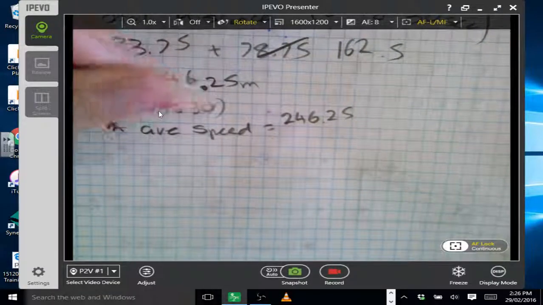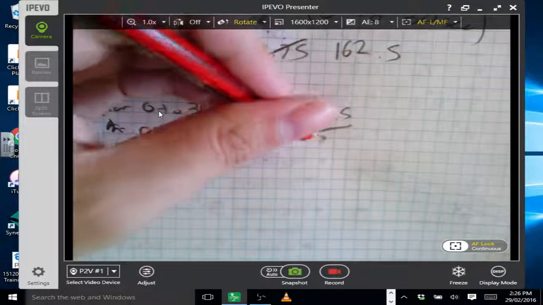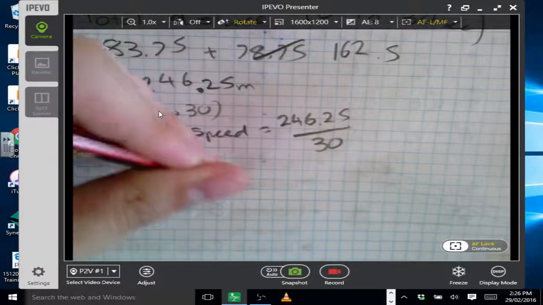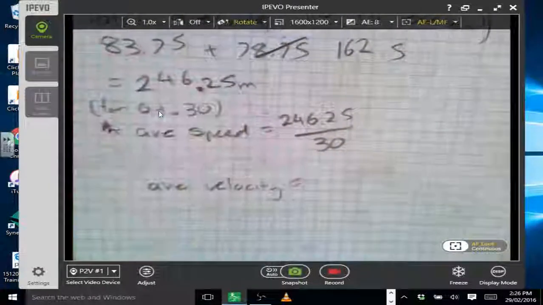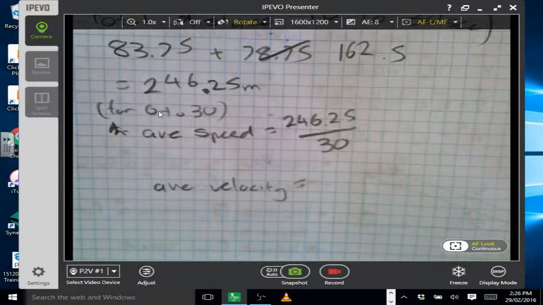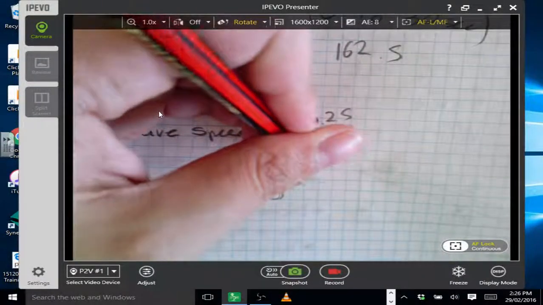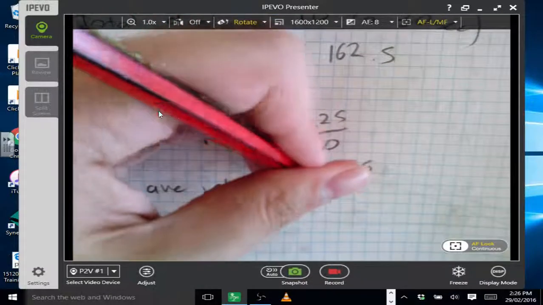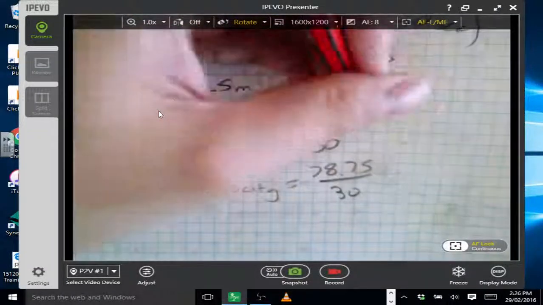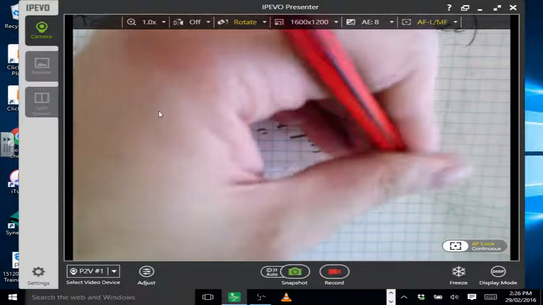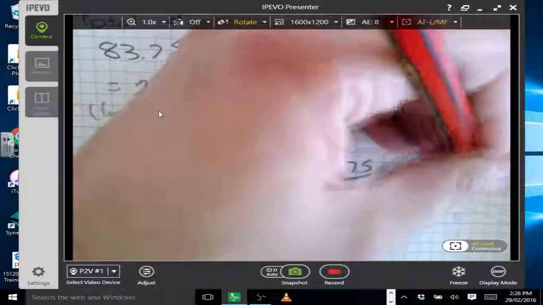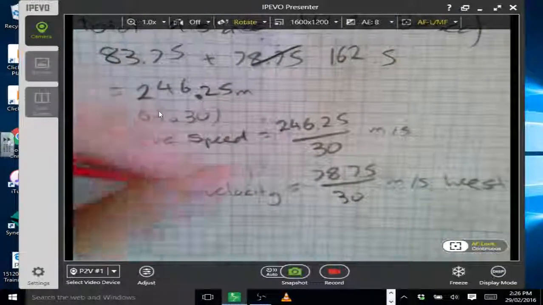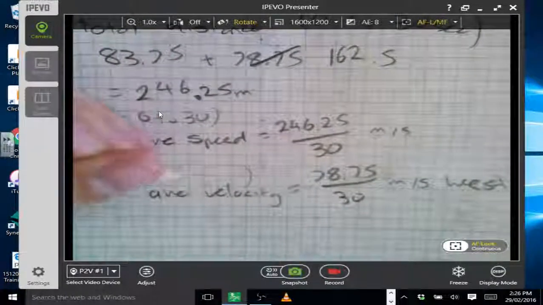Average speed, divide that by 30, and average velocity would be the displacement, so 78.75 over 30 meters per second west. Okay, same concept for 0 to 30.